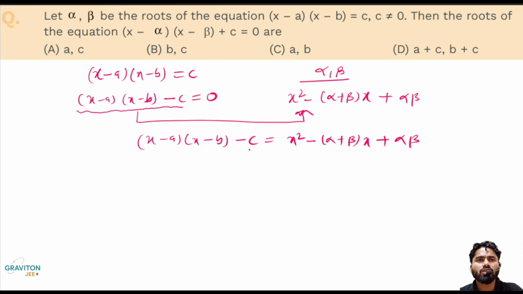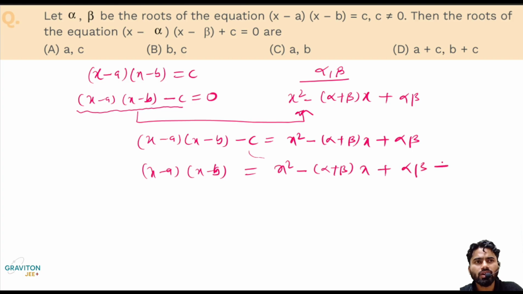Now they are asking the root of the equation (x minus alpha) into (x minus beta) plus c. So take this c to that side. So (x minus alpha) into (x minus beta) equal to x square minus (alpha plus beta) x plus alpha into beta plus c.